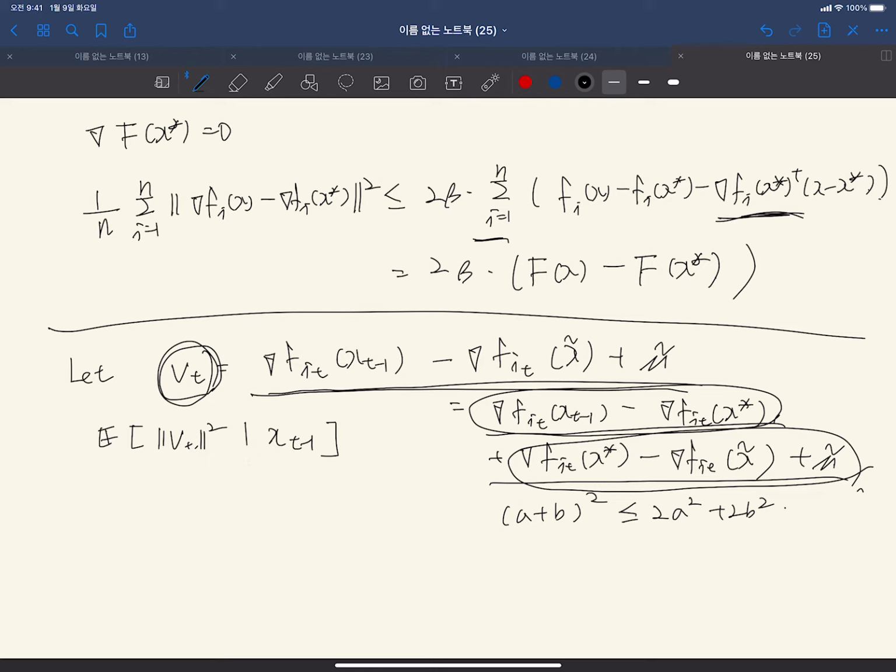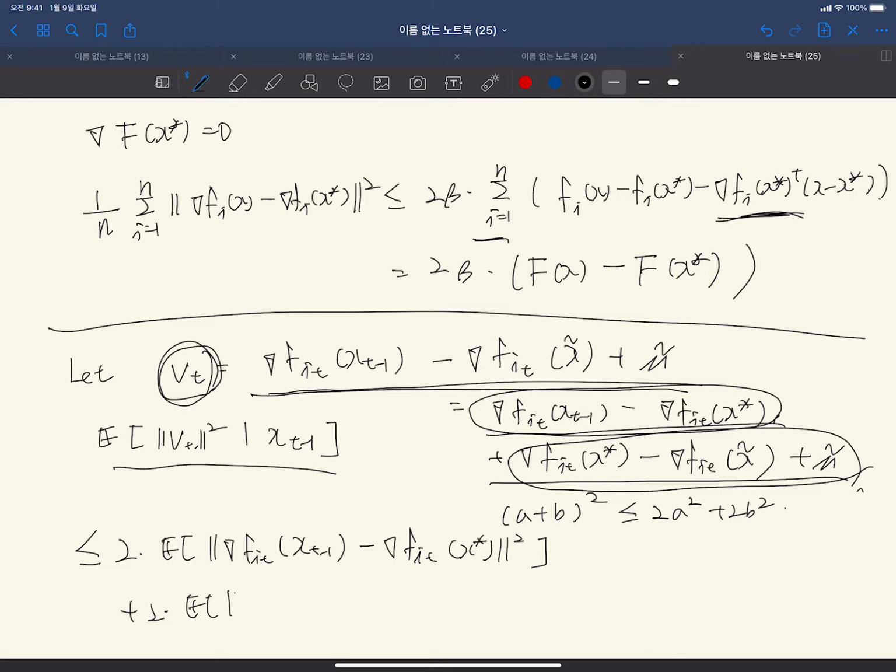This is upper bounded by 2 times the expectation of the norm of the gradient of fit xt minus 1 minus the gradient of fit x star, norm square, plus 2 times the expectation of the gradient of fit x star minus the gradient of fit x tilde plus mu tilde, norm square.